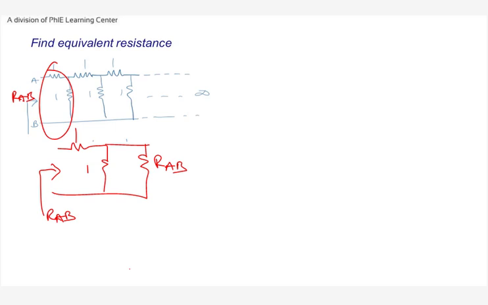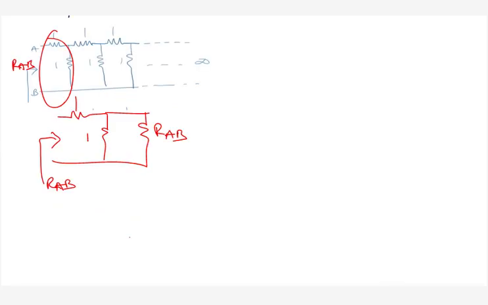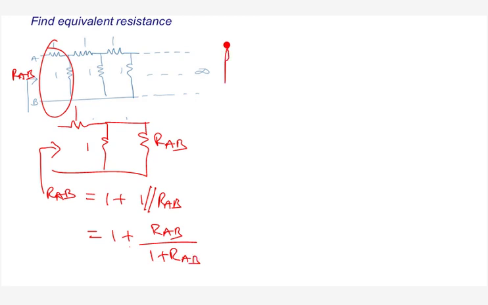So I can directly write RAB is equal to 1 in series with the parallel combination of 1 and RAB. So 1 plus 1 parallel with RAB is 1 plus 1 into RAB by 1 plus RAB. So RAB is equal to 1 plus RAB by 1 plus RAB.